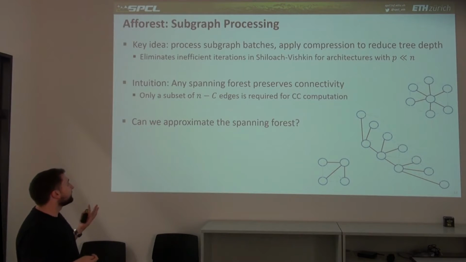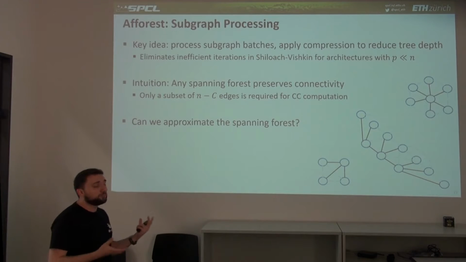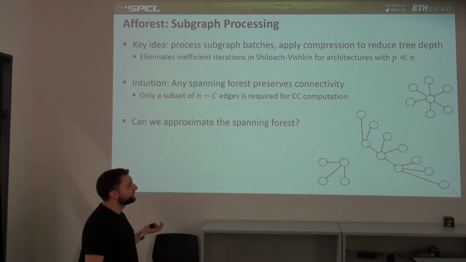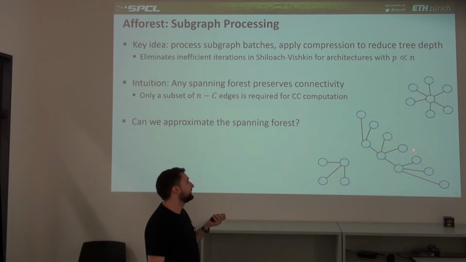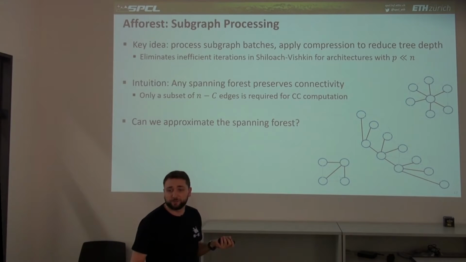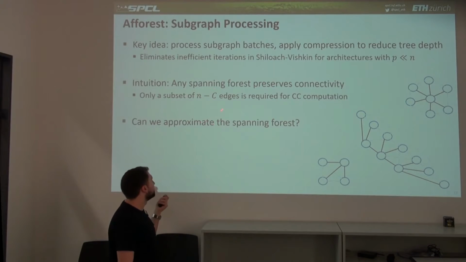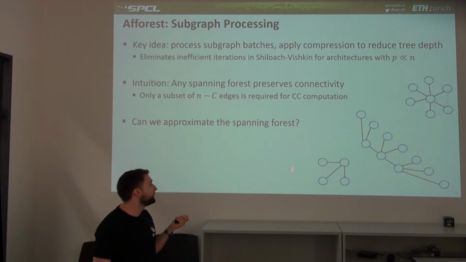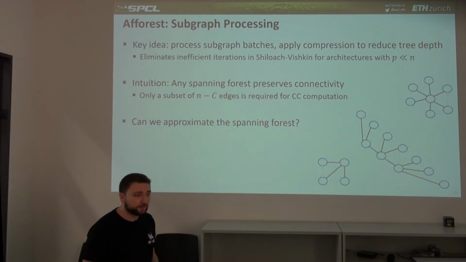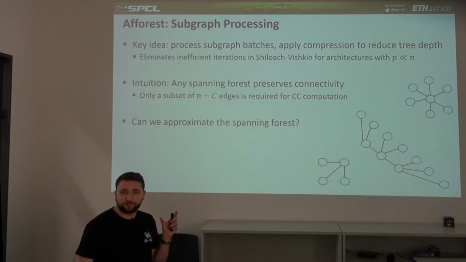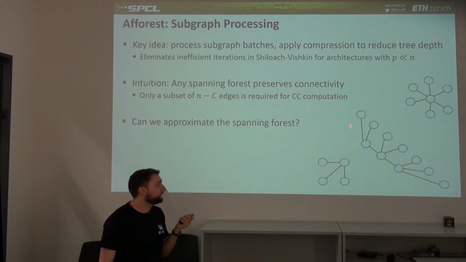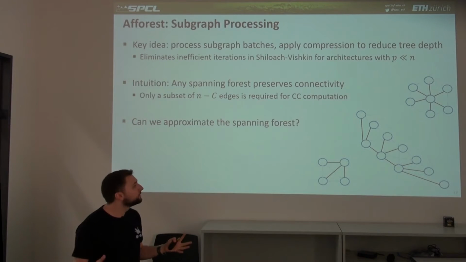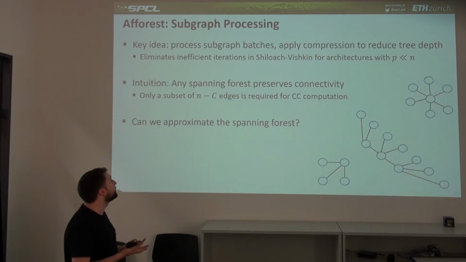And we draw intuition from the complementary problem of spanning forests. So a spanning forest essentially is a subset of the edges of the graph. And the number of edges is the number of nodes minus the number of components, because each tree has exactly that number of edges. But that spanning forest, or that subgraph batch, would give us the entire connectivity of the graph that we want to compute the connected components for.